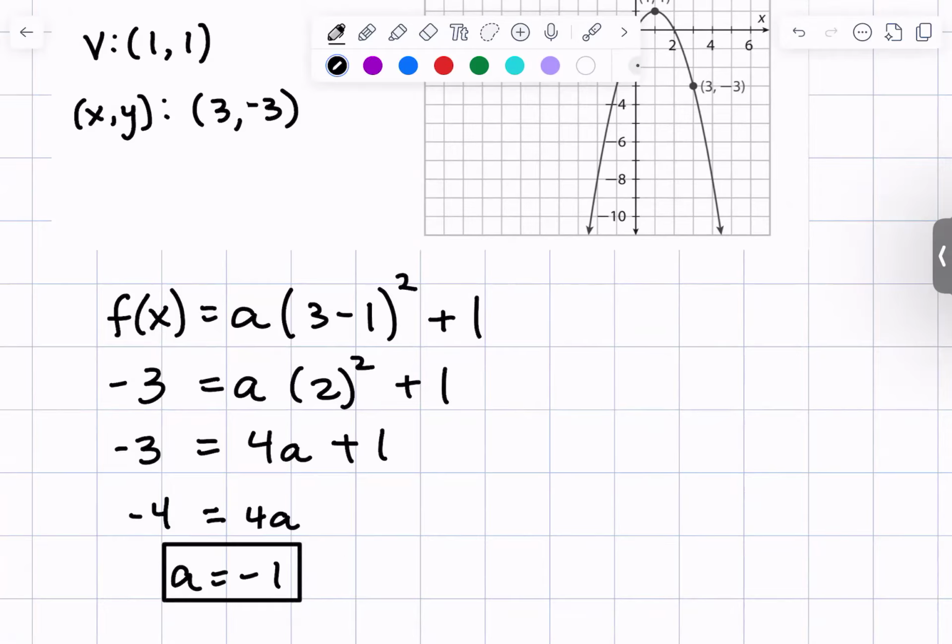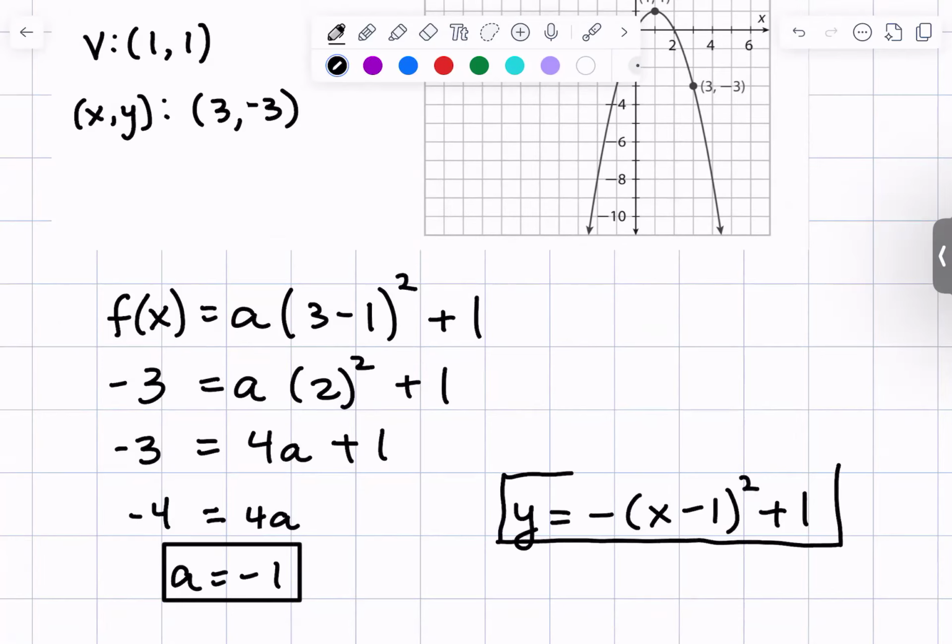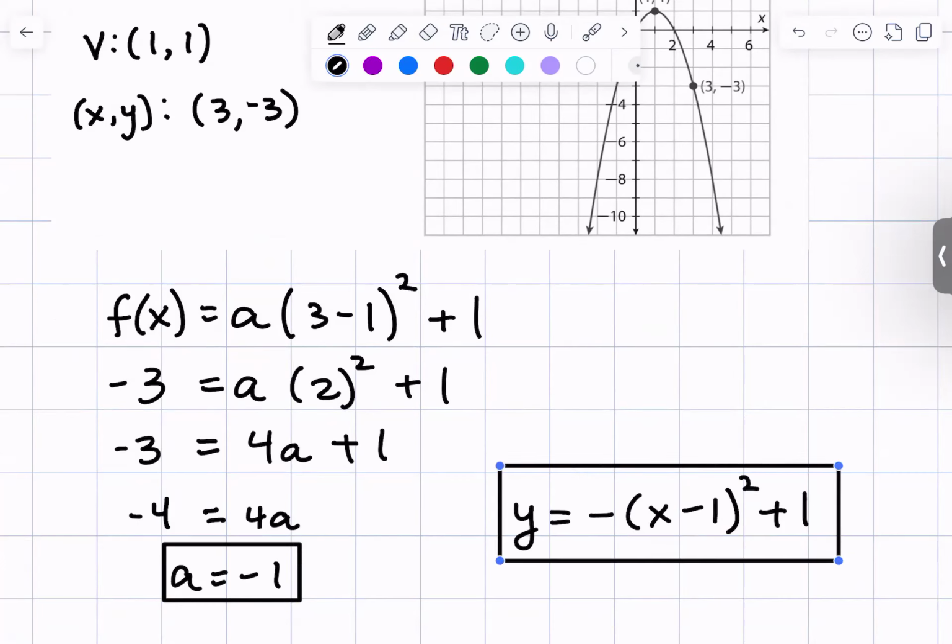So my equation in vertex form would be y equals -1 times (x minus 1) quantity squared plus 1. My vertex is 1, 1. So that's my equation there.